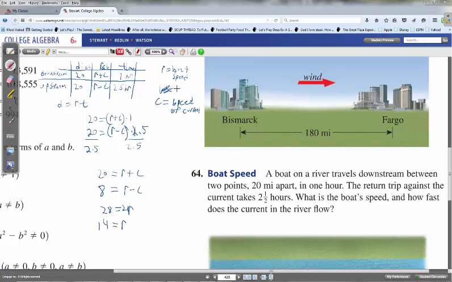So boat speed was 14 mph. Speed of the current, well, I plug in, let's say this one, 20 equals 14 plus C, so C equals 6 mph.